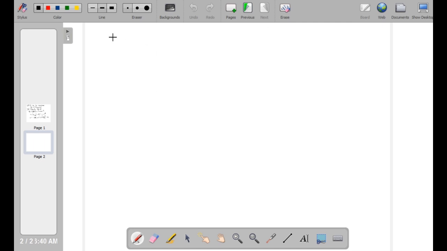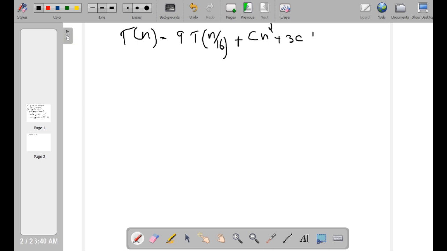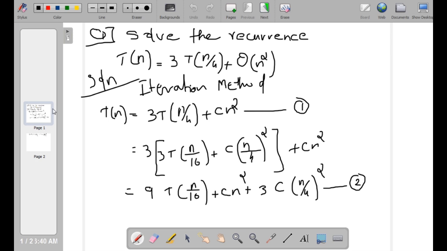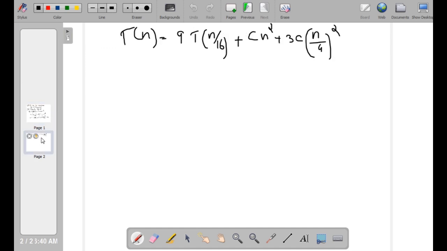So here we have T(n) equal to 9T(n/16) plus cn² plus 3c(n/4) whole square. This is our second equation.